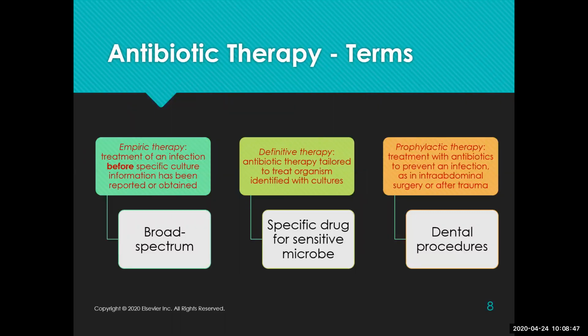But at this point, the goal is to minimize the potential for sepsis and death from this organism. And so what will be ordered would be broad spectrum therapy. So we're going to give 1 or 2 antibiotics that will cover that.